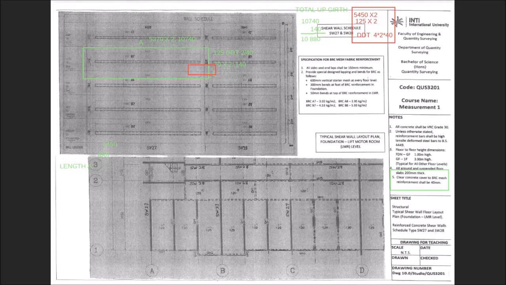Okay, now if you refer to the SMM, under the clause BRC, if you refer to the clause in F.9, you have to refer to F.9.5. If the height is more than 3.5, you have to state in the description that the height is more than 3.5 meter. So that means if the height is more than 3.5 meter, you have to measure separately, even though the category are similar.